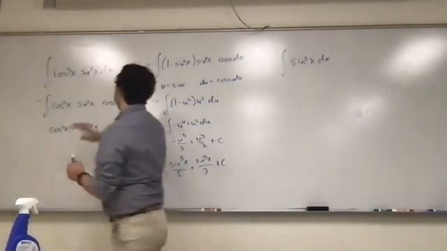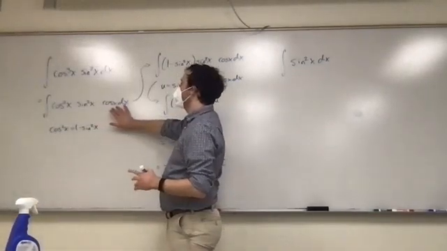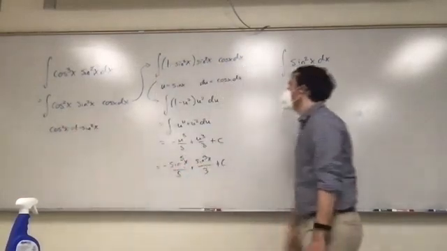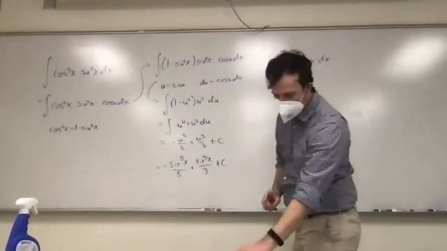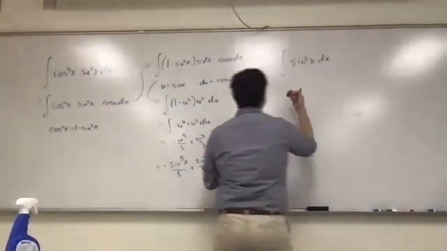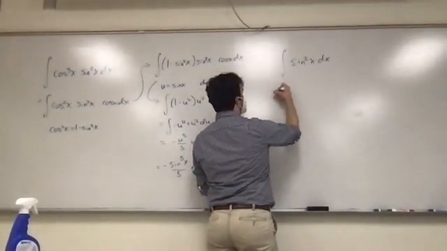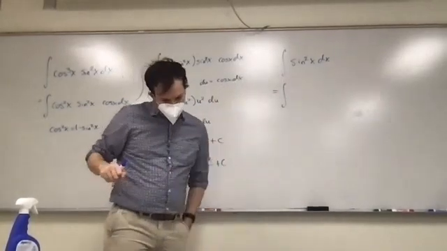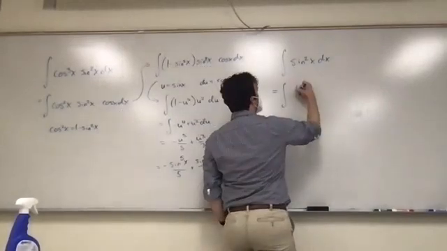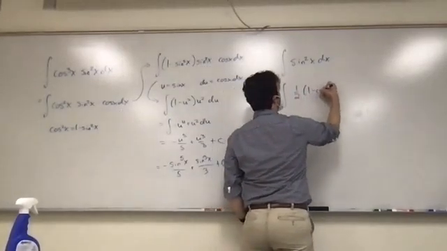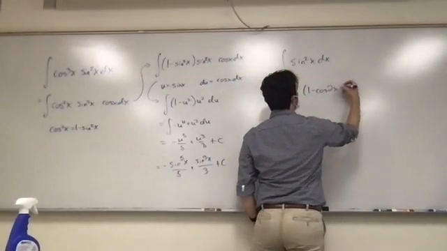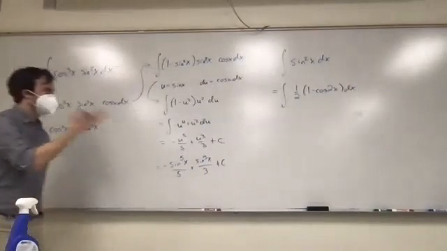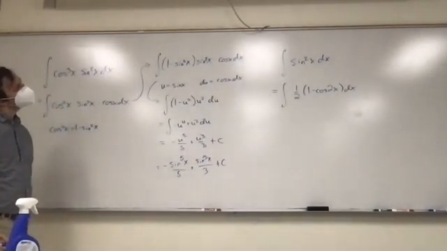If you're able to peel off a du, then you're able to use the Pythagorean identity to deal with the rest. In this case, it's just straight replacing it with what it is: sine squared x is equal to 1/2 times 1 minus cosine of 2x. So that is a trig identity for getting rid of sine squared.